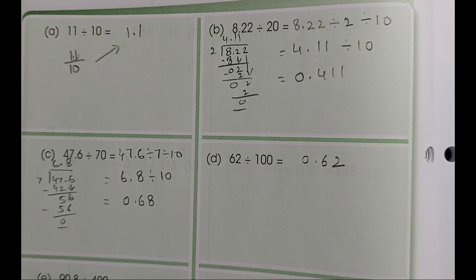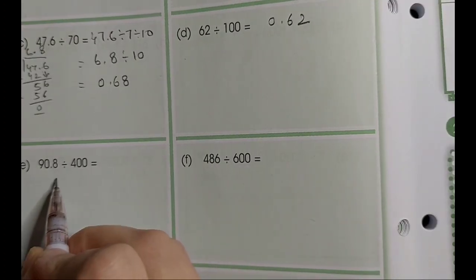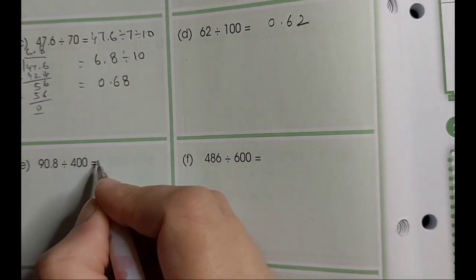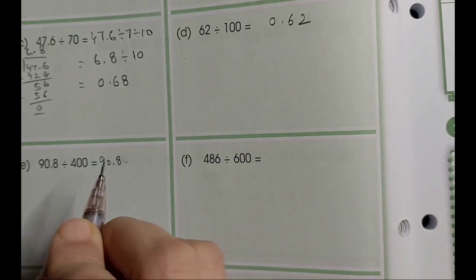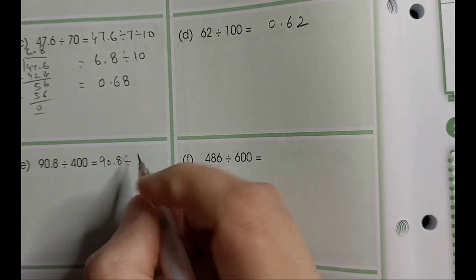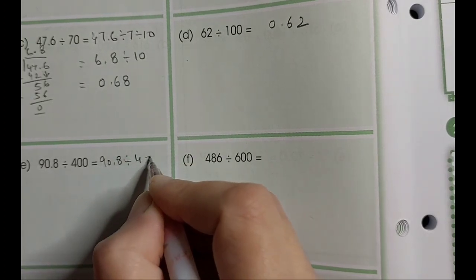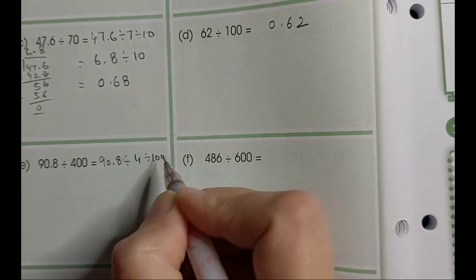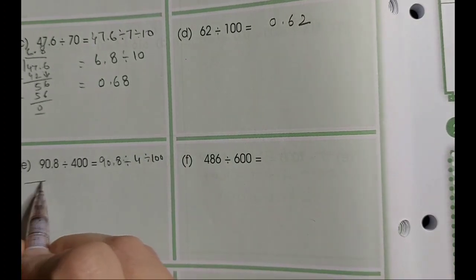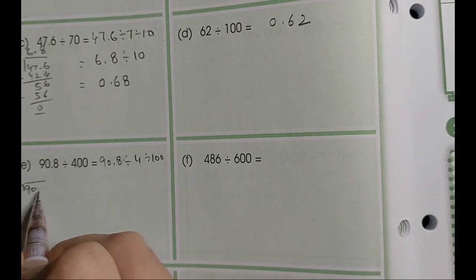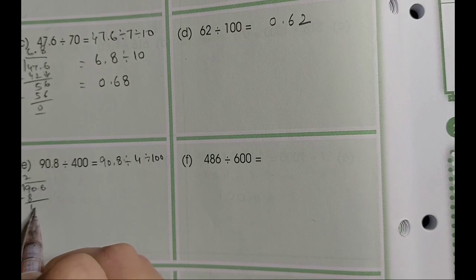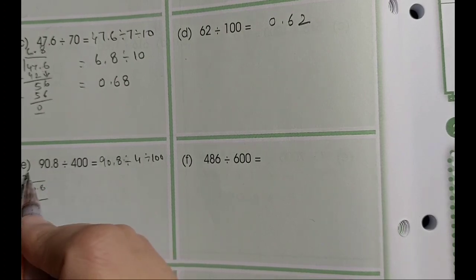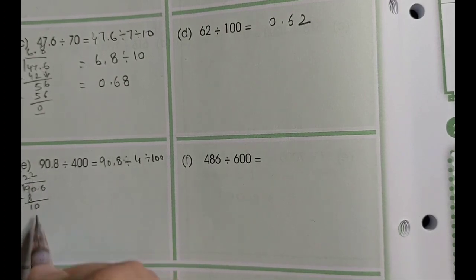Now part E is 90.8 divided by 400. So it will become 90.8 divided by 4 and then divided by 100. So when you divide 90.8 by 4, 4 2s are 8. Okay, 1, 10, 4 2s are 8 again.